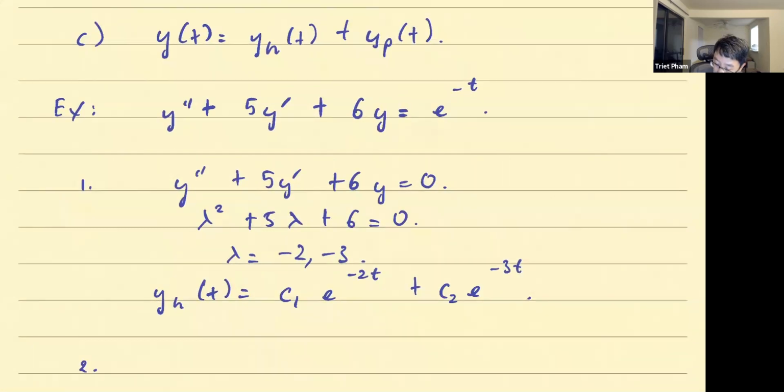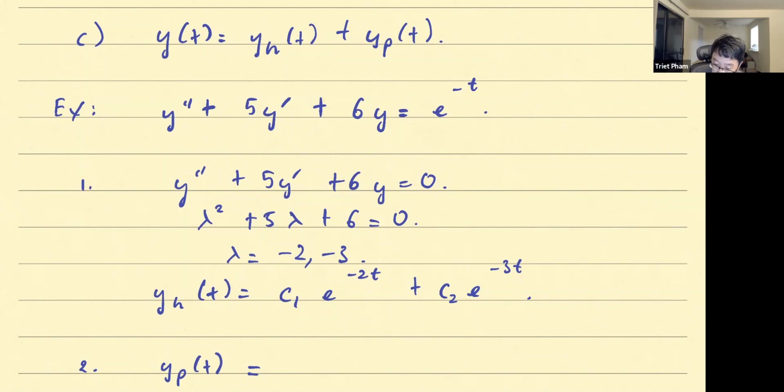So what is the guess for y_p? The method of undetermined coefficients involves guessing the right form for this, leaving a coefficient undetermined, and then solving for that. So that's called the method of undetermined coefficients.